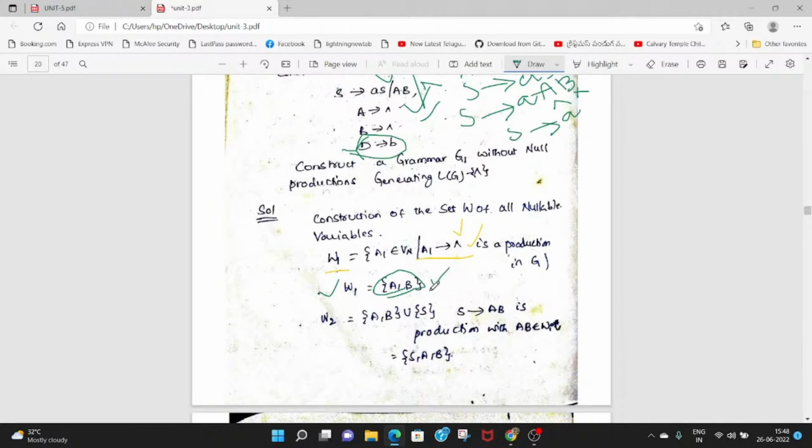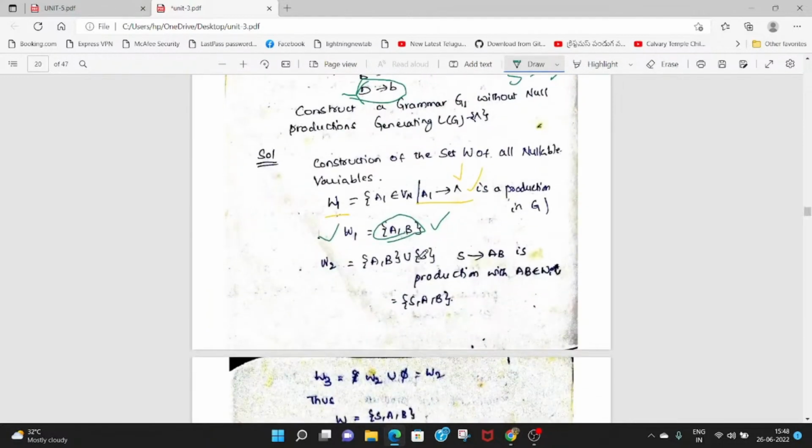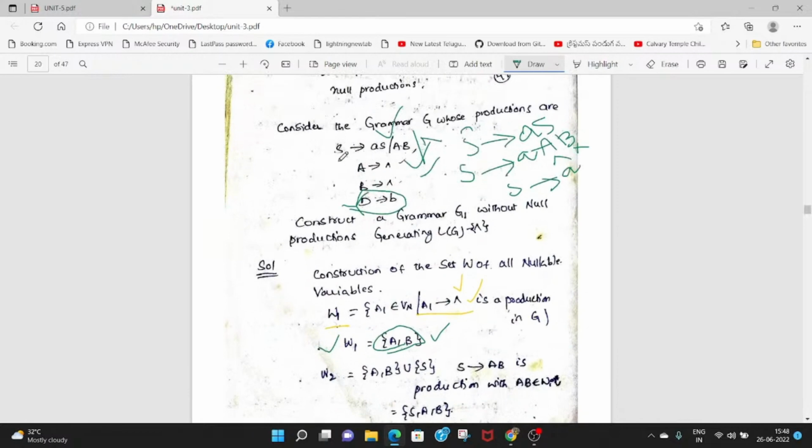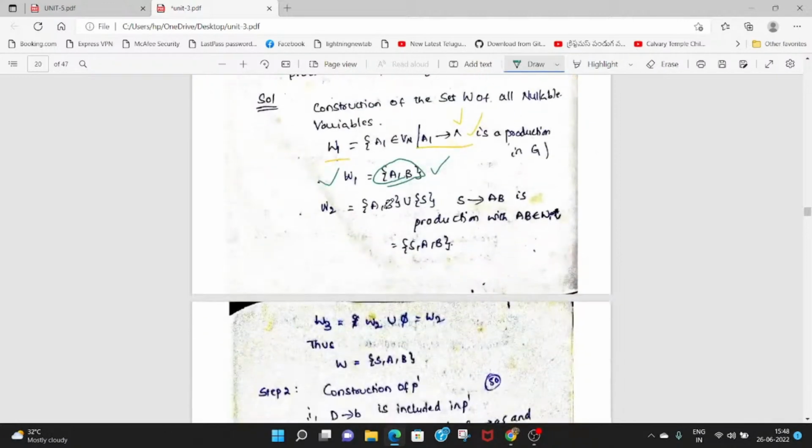Same way, for constructing W2 we consider whether the combination of AB is derived by any other variable. The combination of AB is derived by S only. So in W2 I am going to include S, because S is going to derive AB.